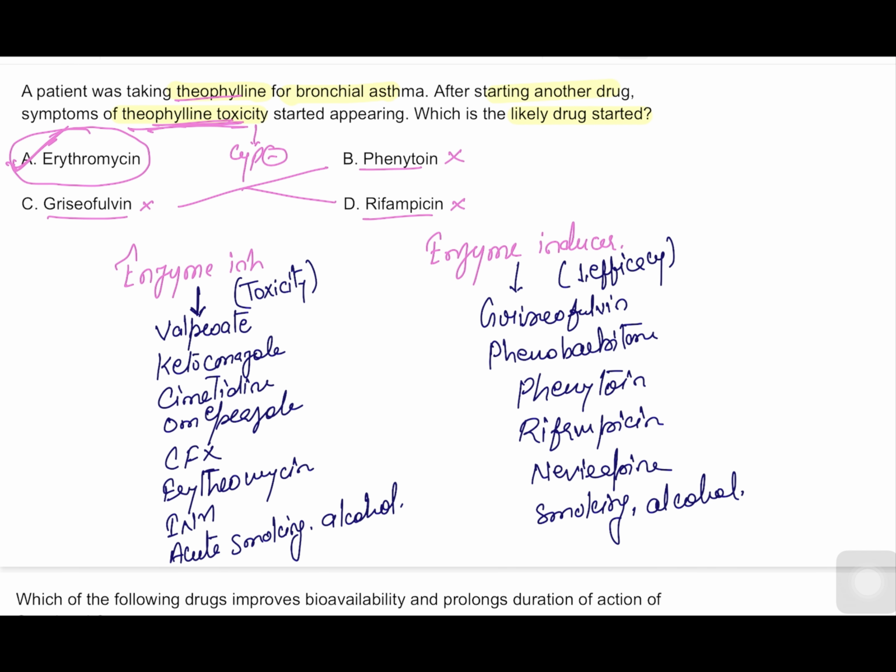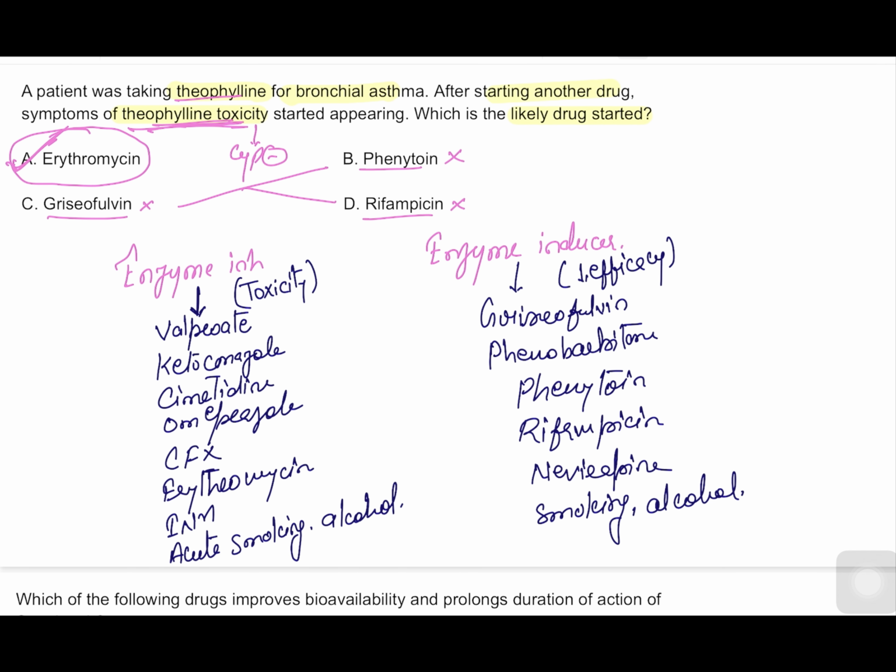Even nowadays more questions are on this, like P-glycoprotein inhibitors can cause digoxin toxicity. So if somebody is taking digoxin and you add erythromycin or clarithromycin, it will lead to digoxin toxicity. Or if you add rifampicin with digoxin, it will lead to a decreased effect of digoxin.